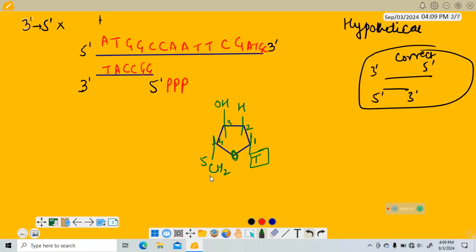So at CH2 we'll form the PO negative, P double bond O, PO, then PO negative, double. I have just reversed the ring. I was drawing these double bond O upwards, now I'm drawing it downwards.